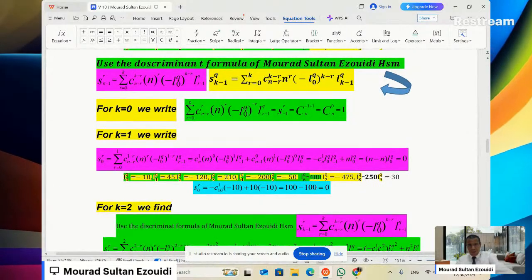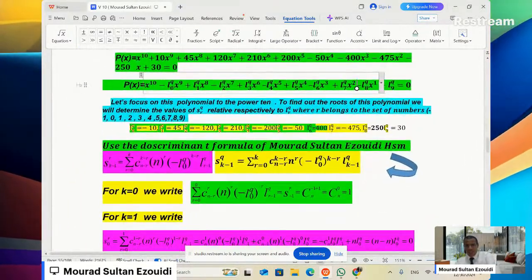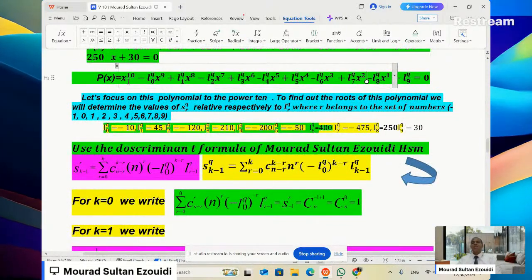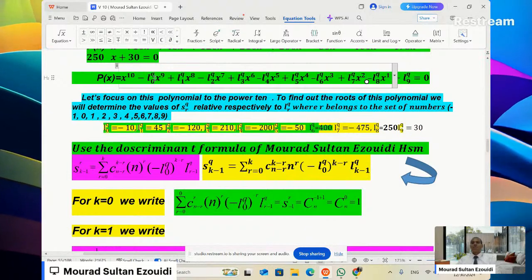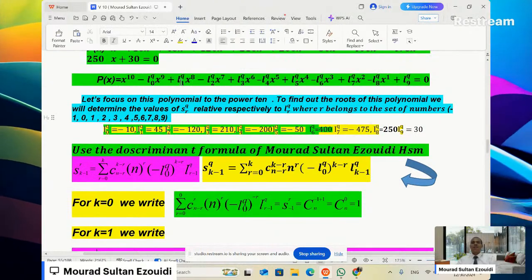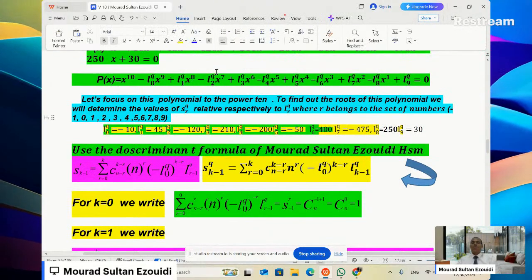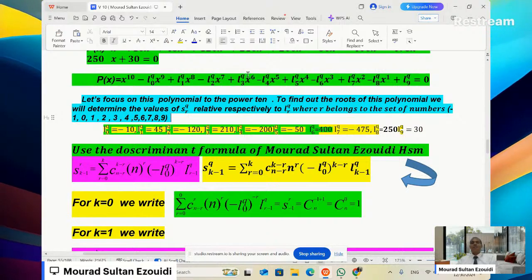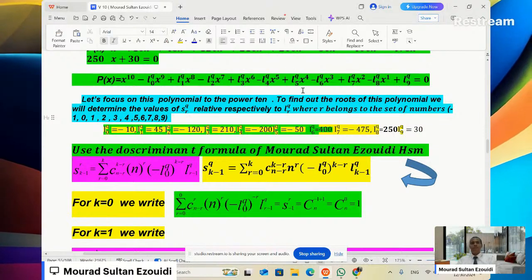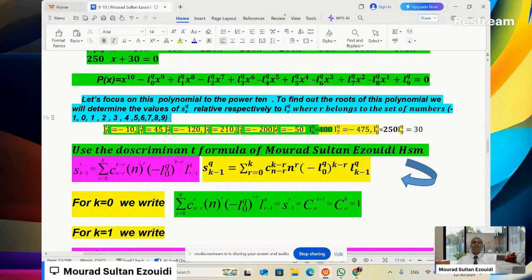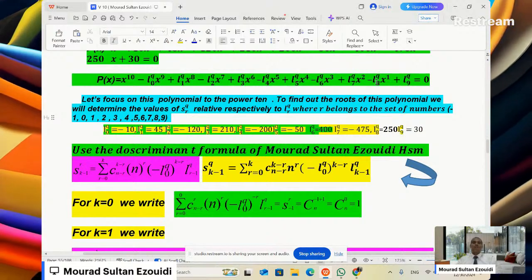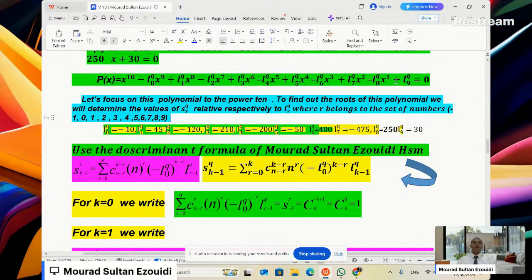Okay, now we are going to use the discrete formula of Mr. Murad Sultanishvili. You can see this one, my kids, P of x of degree 10 can be written in its standard form: P of x equals x to the power 10 minus L0 of 42 x to the power 9 plus L1 of 42 x to the power 8 minus L2 of 42 x to the power 7 plus L3 of 42 x to the power 6 minus L4 of 42 x raised to the power 5 plus L5 of 42 x raised to the power 4 minus L6 of 42 x raised to the power 3 plus L7 of 42 x squared minus L8 of 42 x plus L9 of 42.